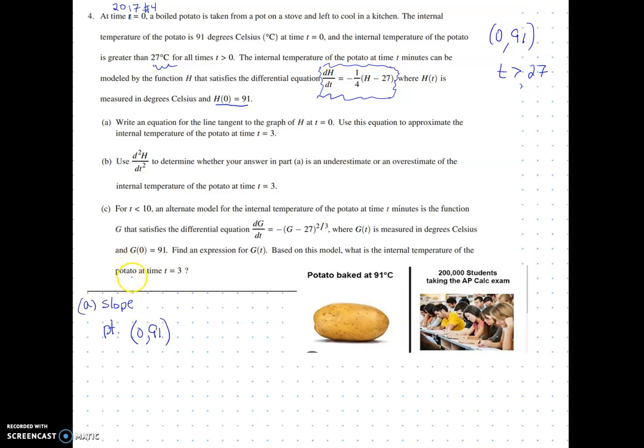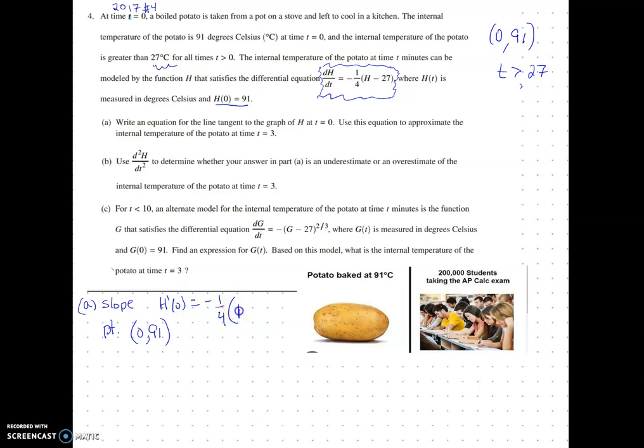To get my slope, that's easy. We're trying to find the line tangent at, we're trying to approximate at t equals 3 by using the point at t equals 0. So we can get h prime of 0, or dh/dt at t equals 0, simply by plugging into our differential equation.